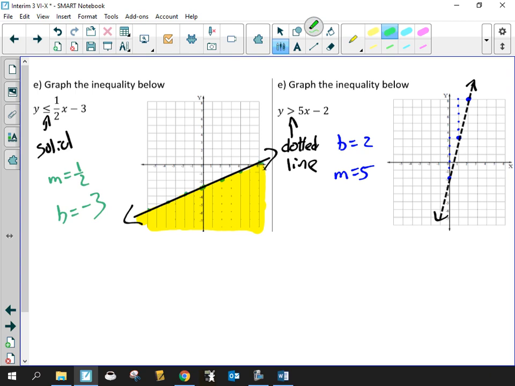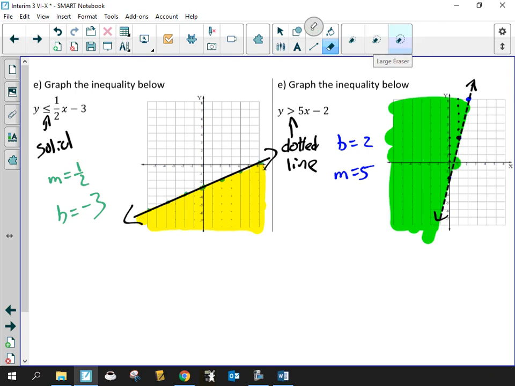Once again, it's that whole left-right thing, so put your pen on the line and go up, and this is the part that you will shade in. Points on the dotted line are not part of the solution. That is the only tricky thing about this. There we go.